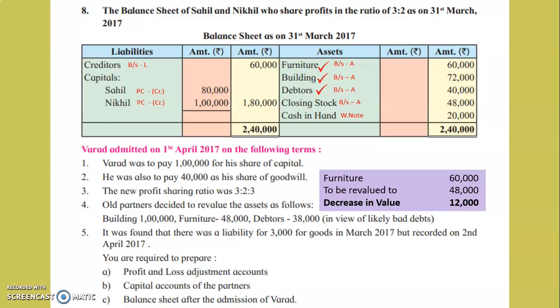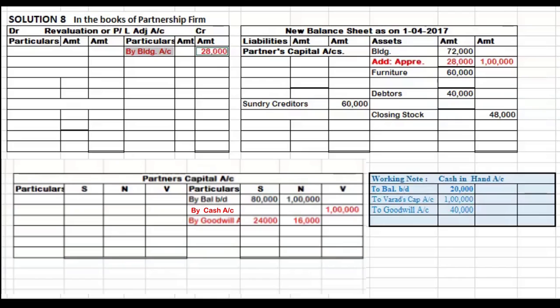Furniture, the value of furniture appearing in the books is 60,000 and it has to be revalued to 48,000. So there's a decrease in the value of this asset, which is rupees 12,000. So we deduct rupees 12,000 from furniture, and since it is decrease in the value of this asset, we write on the debit side of profit and loss adjustment account to furniture account rupees 12,000.